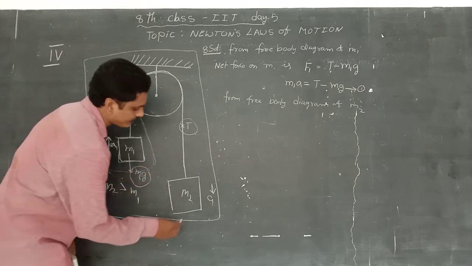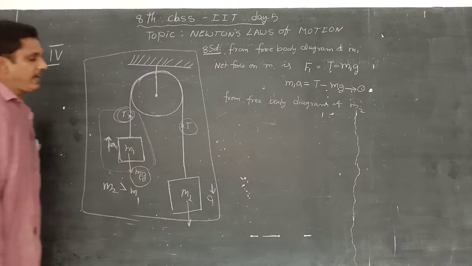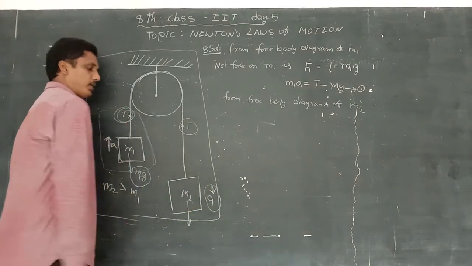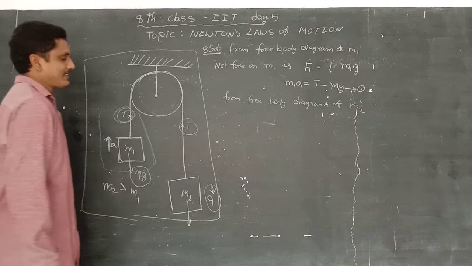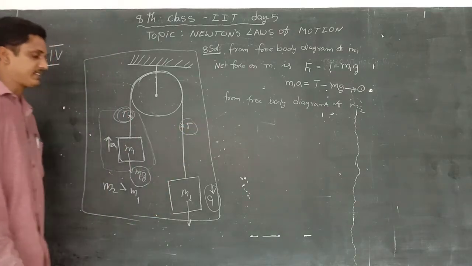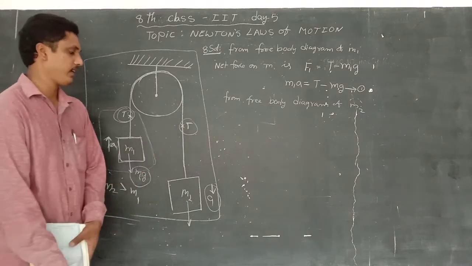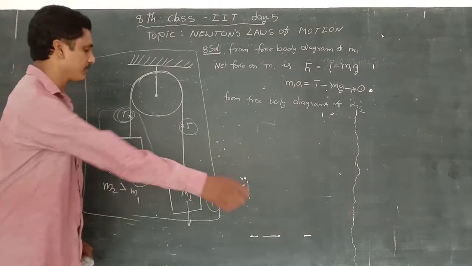We also know that the weight of the body acts vertically downward direction and acceleration acts vertically downward direction. Tension in the string acts upward direction. Here, weight of the body is greater than tension.